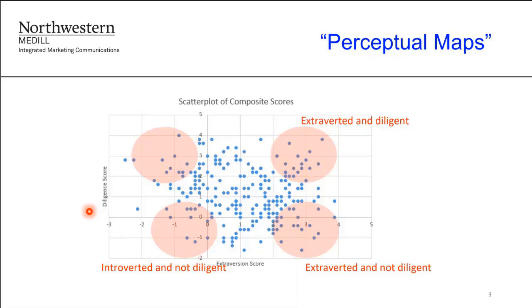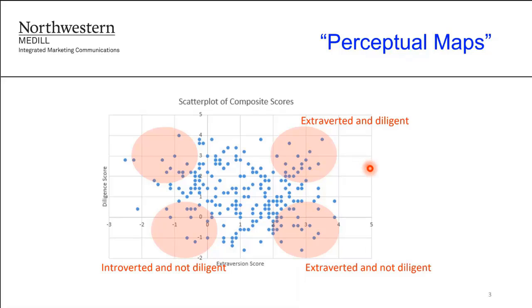This is about personality, so we have two types of personality dimensions. This is the composite score or factor score that we get, and then we know which observation is positioned in which place.